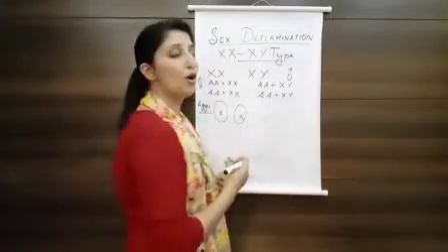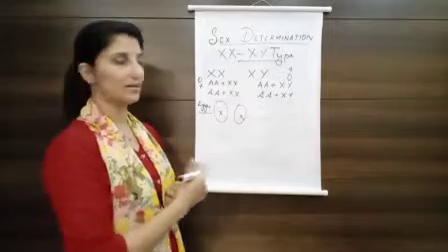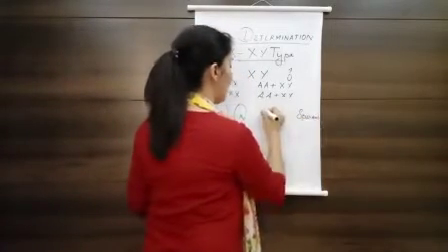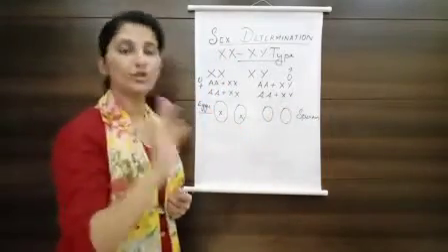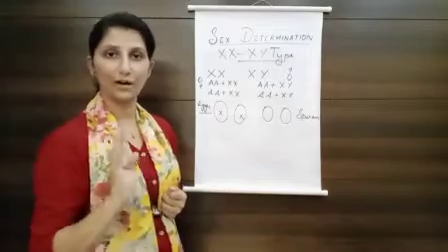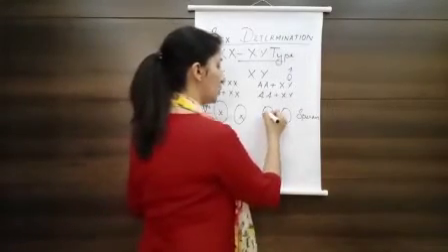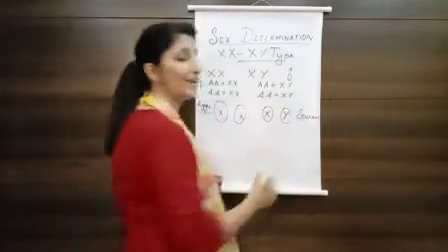Now at the time of gamete formation, the spermatogenesis, all the sperms will have one type of chromosome. But what is the type of chromosome? 50% will have the X chromosome and 50% will have the Y chromosome.